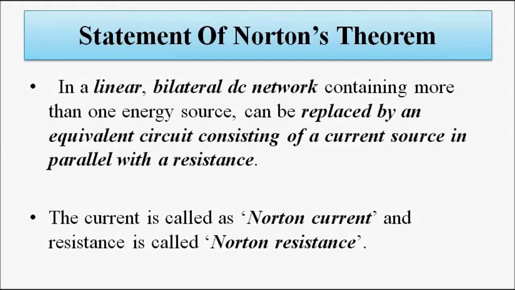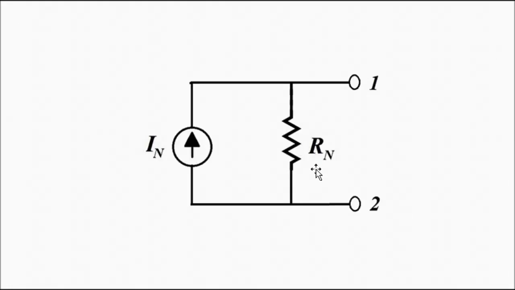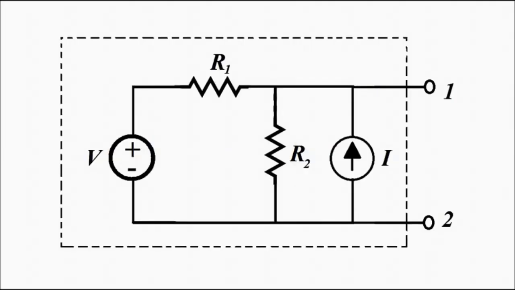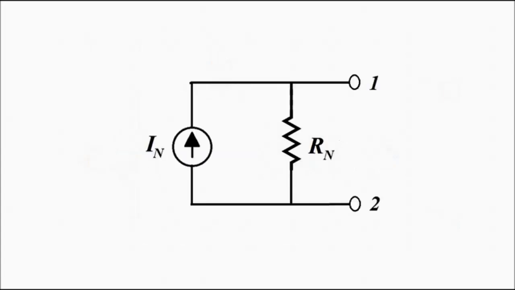That current is called the Norton current, and the resistance is called the Norton equivalent resistance. Like the Thevenin equivalent circuit, which consisted of two parts, first determination of Thevenin voltage, second determination of Thevenin resistance, here also it consists of two parts: first, determination of the Norton current, second, determination of the Norton equivalent resistance.